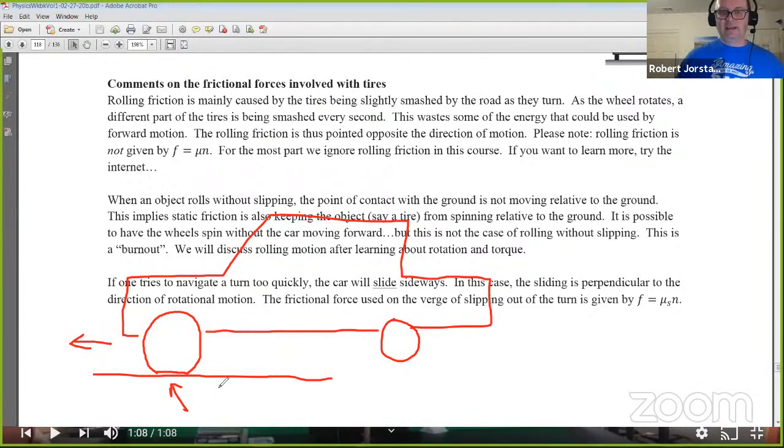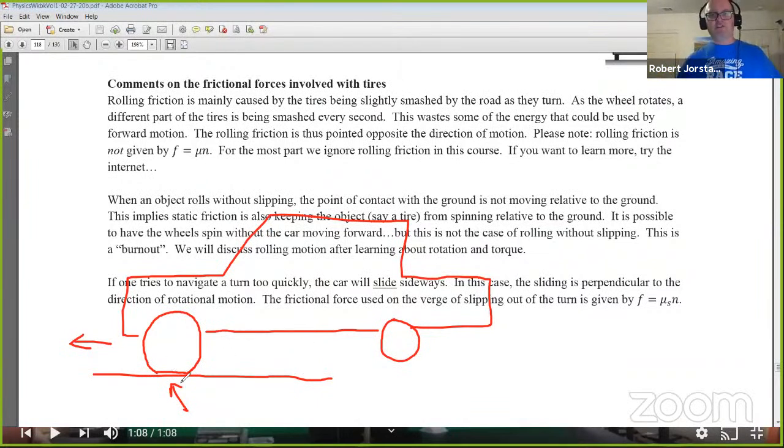It takes energy to smush and unsmush the tire, just like when you walk on carpet or roll a bowling ball across carpet. I know you're doing that tonight; we're all going to be rolling bowling balls across our carpet tonight. But when you do that, you might notice the carpet gets squished and unsquished, just like in this case the tire itself would get squished and unsquished.